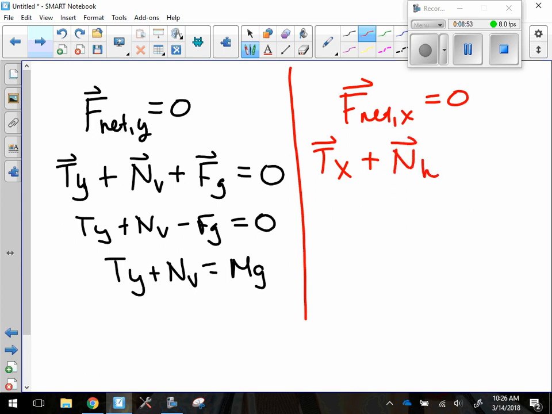Okay, so the horizontal component of the normal force. Tension X, positive or negative? Horizontal component of the normal force, positive or negative? So I know that NH is going to be equal to Tx.